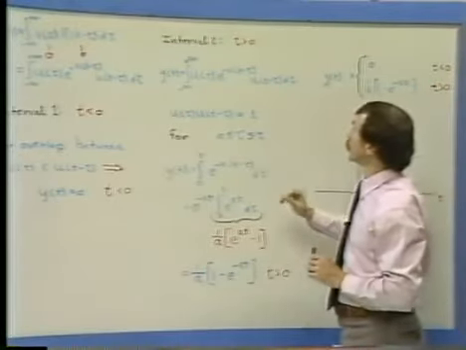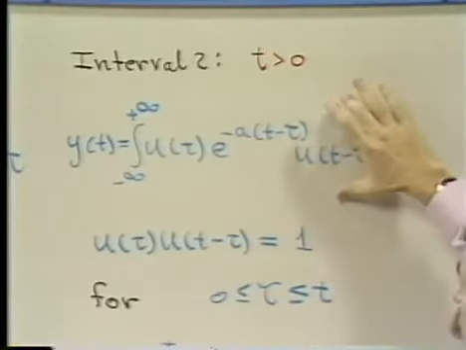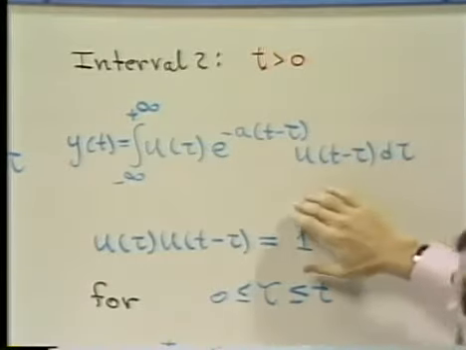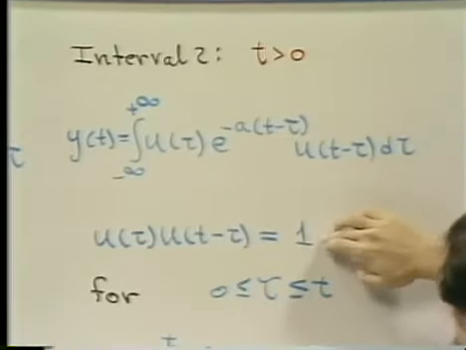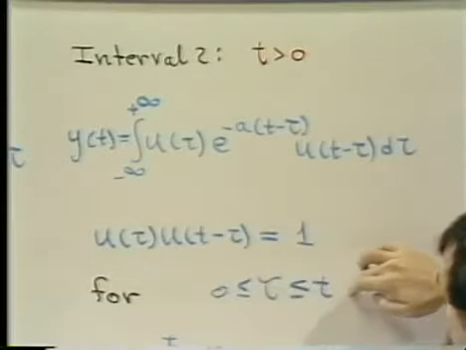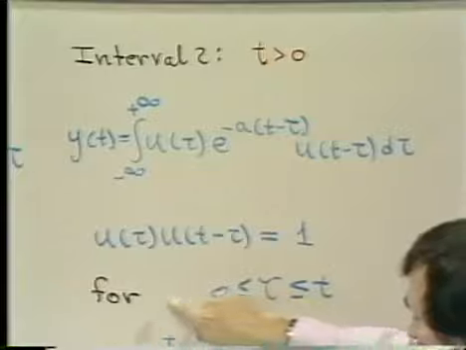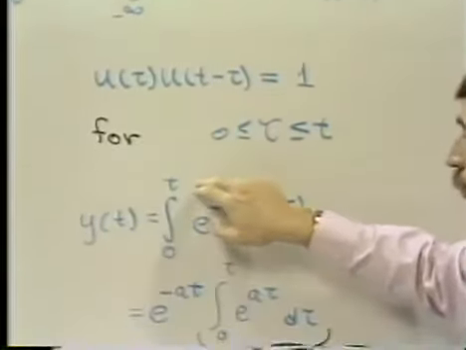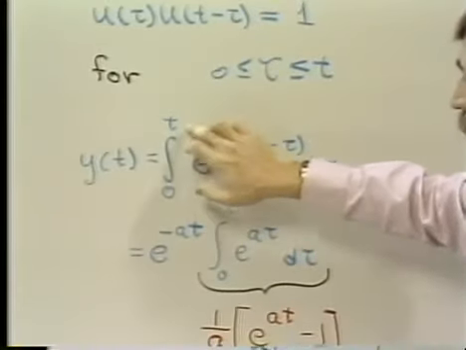So for interval 2, for t greater than 0, the product of this unit step and this unit step is equal to 1 in this range. And so that allows us to change the limits on the integral. Instead of from minus infinity to plus infinity, we know that the integrand is non-zero only over this range.